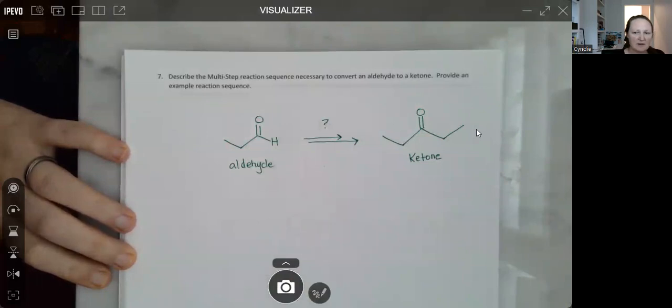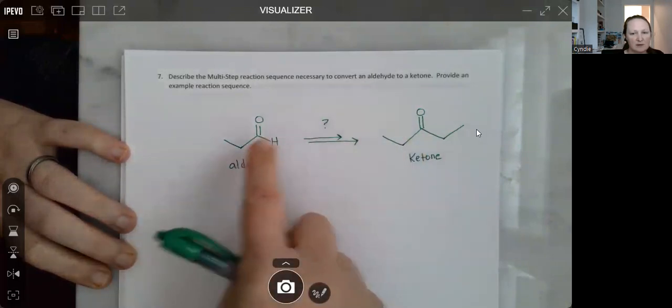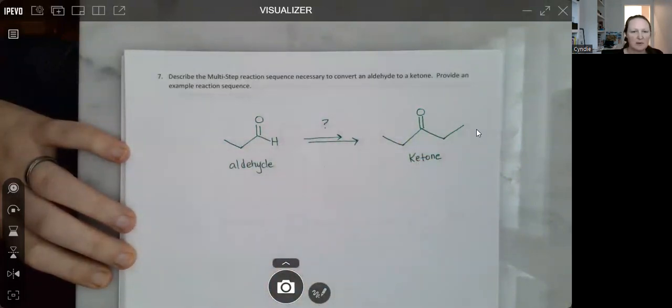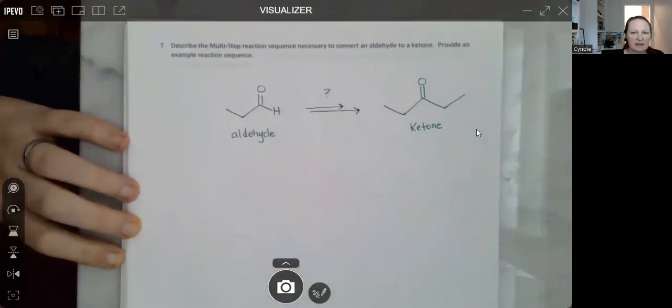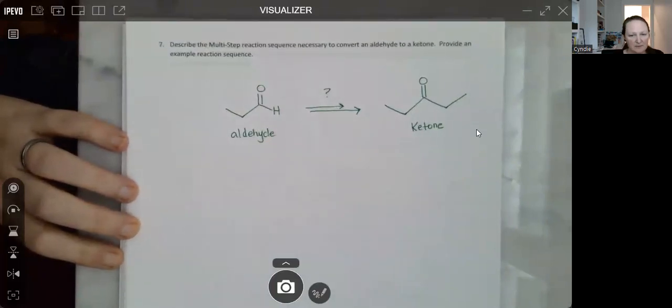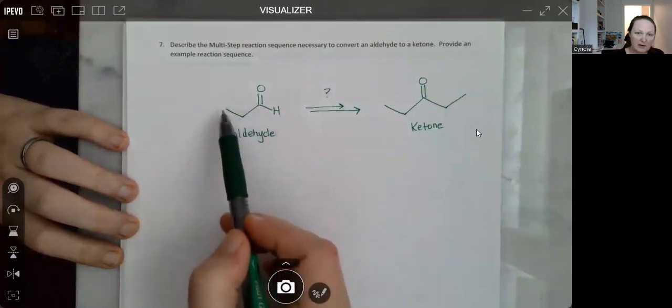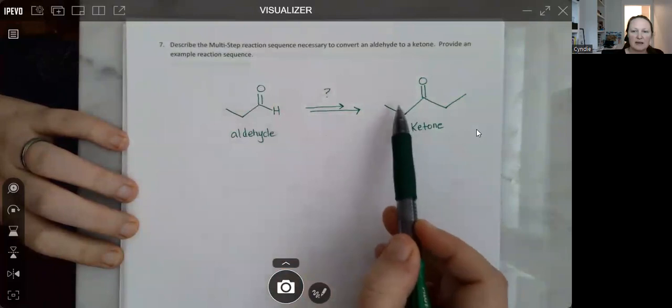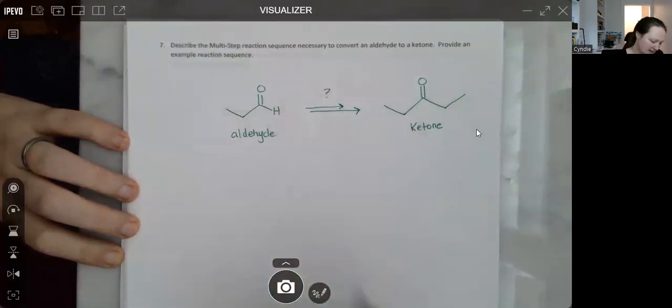Okay, so we have not learned any reactions to do this in one step, right? There's no way to do that in one step. However, we can do it in 2 steps, right? So one of the things we might want to think about is the fact that we've started with 3 carbons, right? And we ended up with 5 carbons.